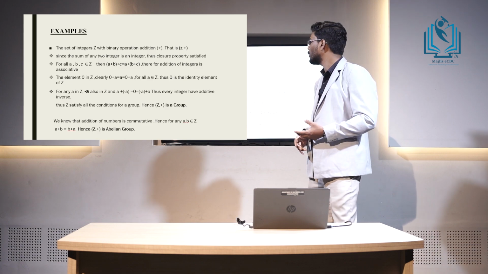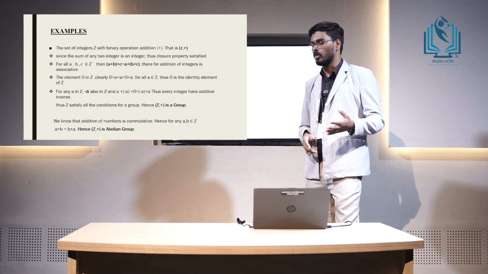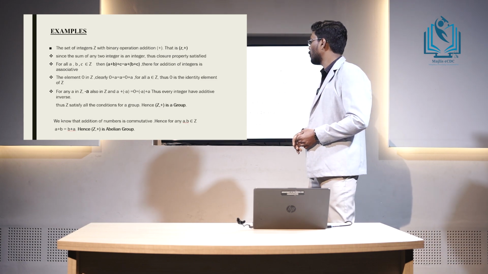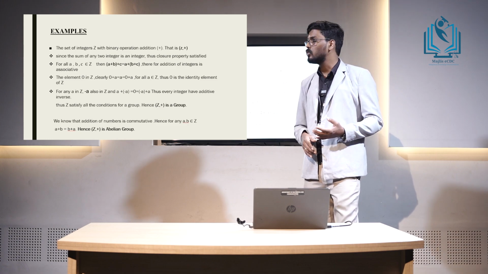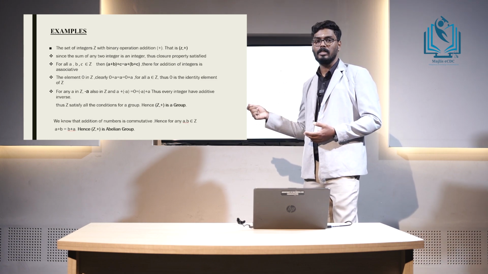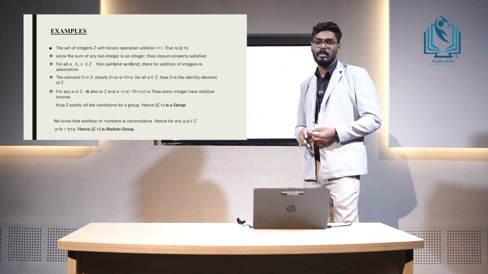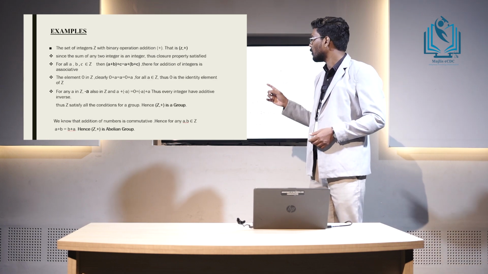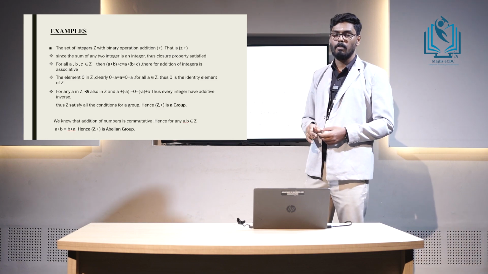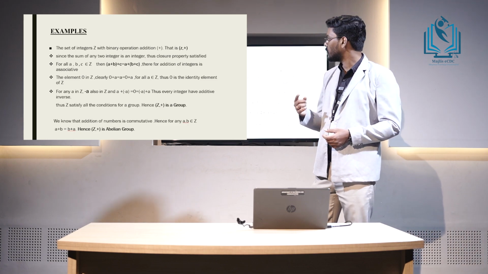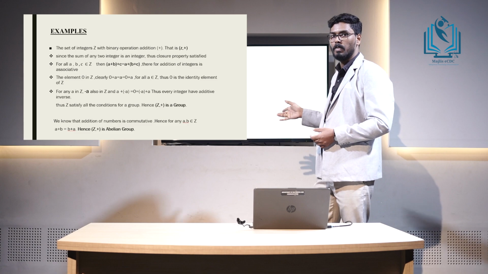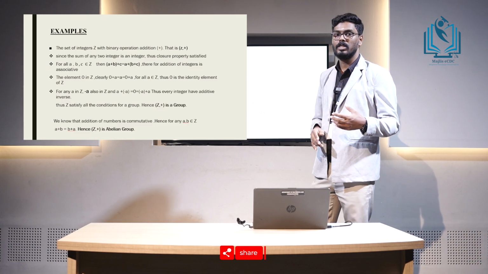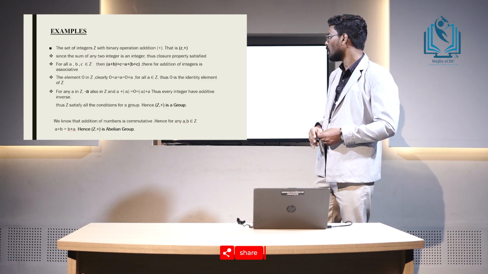Then the second one, associative property. For this, I am choosing three elements A, B, C from the set of all integers. Now, A plus B plus C, grouped either way, gives the same result. So we can say that it satisfies the associative property.